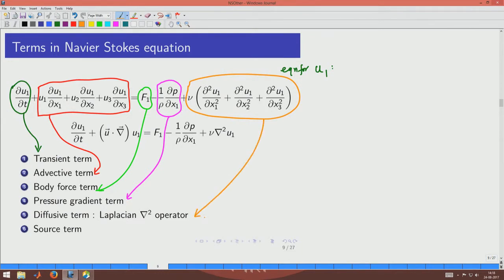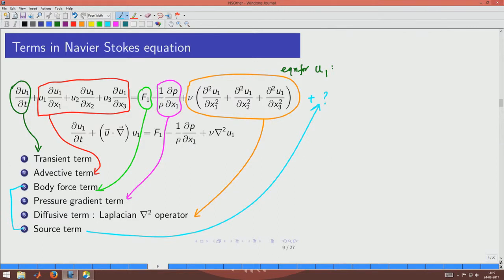Okay. Now, there are situations where you may want to add some more terms to this equation. You may want to add more terms to handle more behavior of the fluid flow, for example, to take into account the enthalpy porosity formulation, etc. And in such situations, those terms will be called source terms. And strictly speaking, source term and body force term are the same.